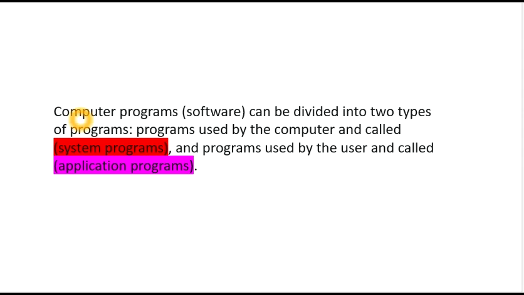Computer programs or software can be divided into two types: programs used by the computer, called system programs, and programs used by the user, called application programs.